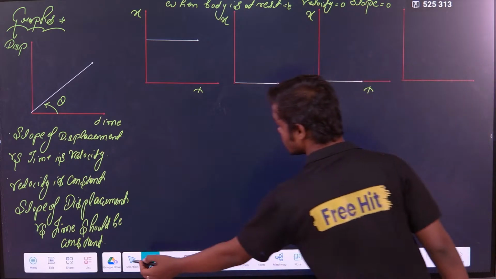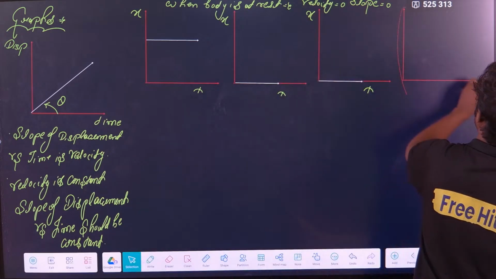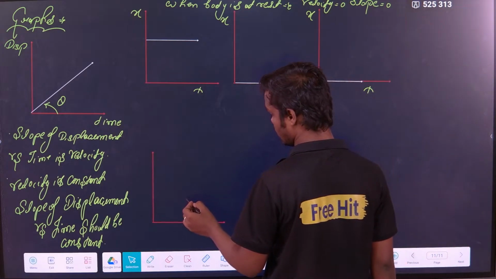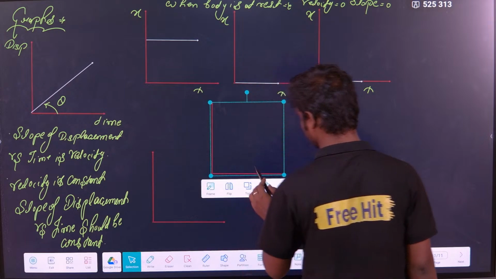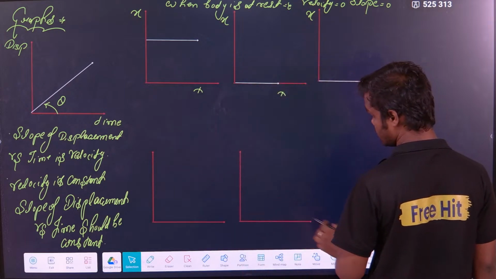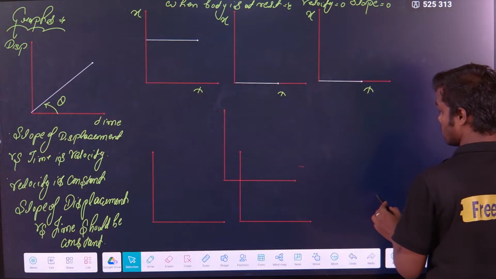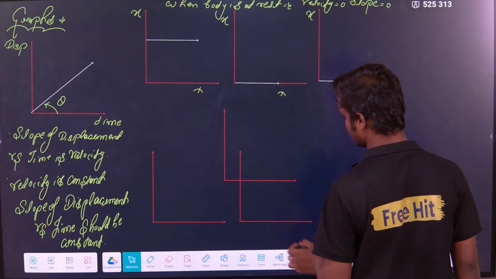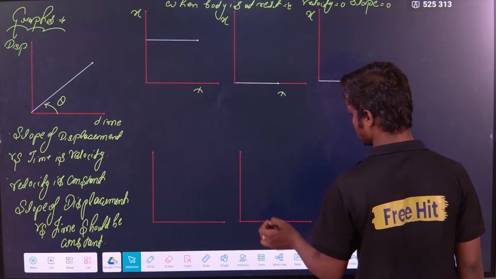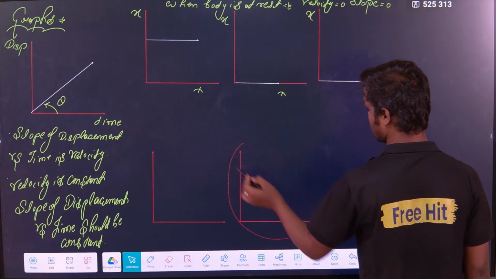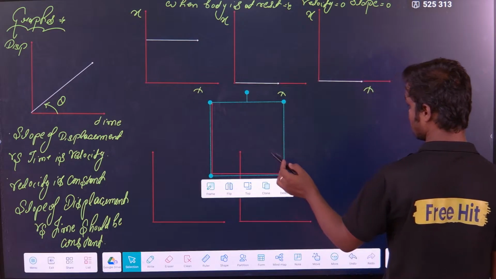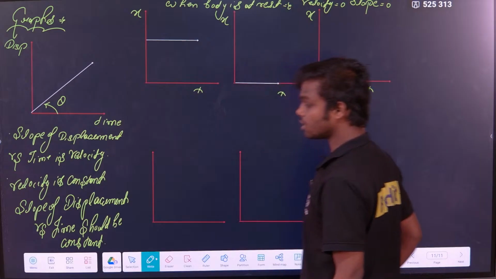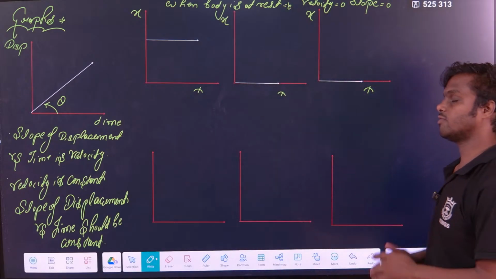So in all the cases you can see my velocity is 0. Are you getting my point? I hope you are understanding what I am trying to say. Basically, there will be two cases when the velocity will be constant.